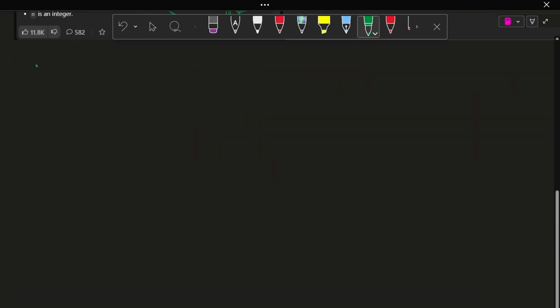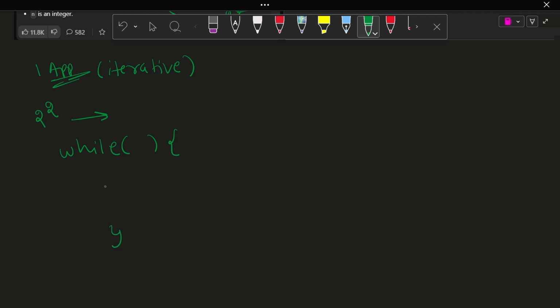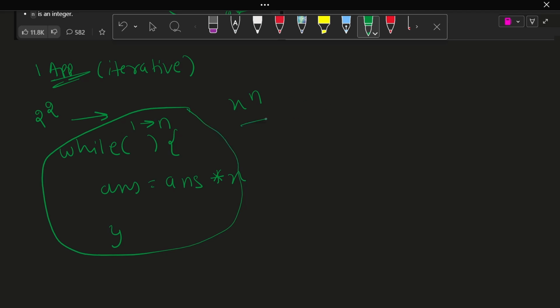So first of all, the first approach, that is the iterative, a while loop. Inside this while loop, what we are going to do is answer equals answer times x. If you want x power n, we are going from 1 to n and calculating x power n in this fashion. This is the iterative approach.